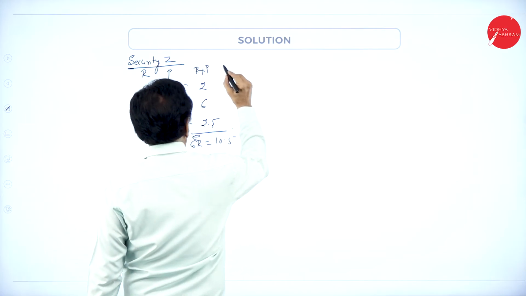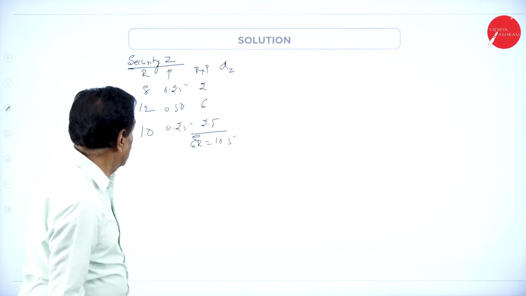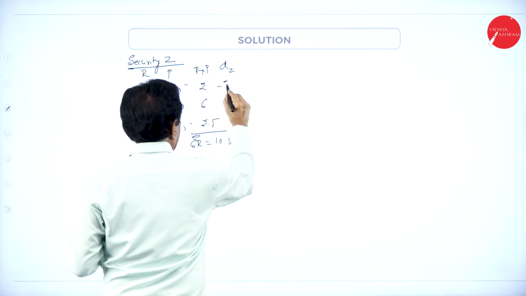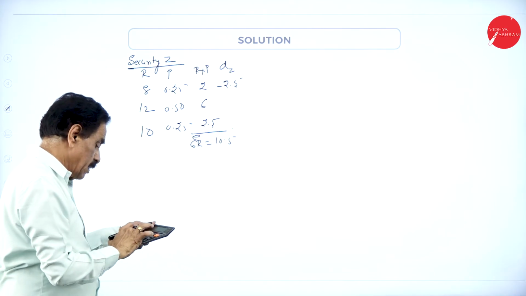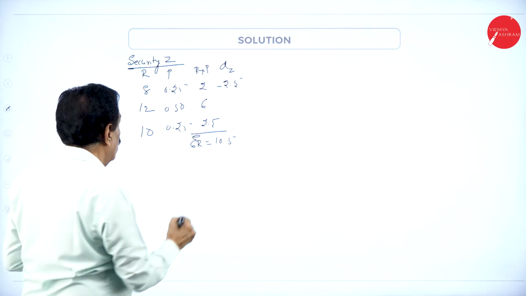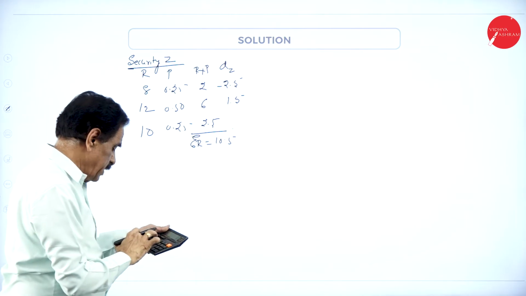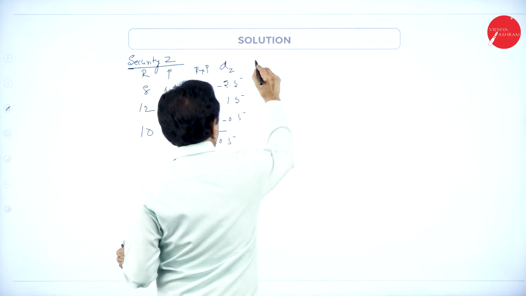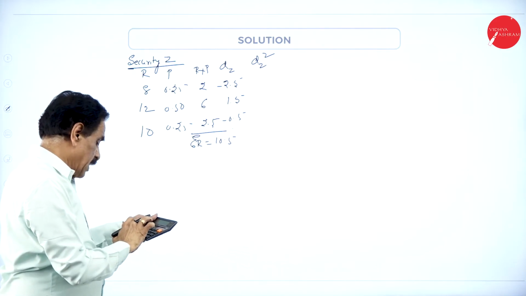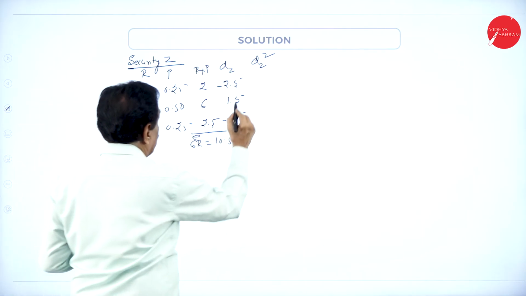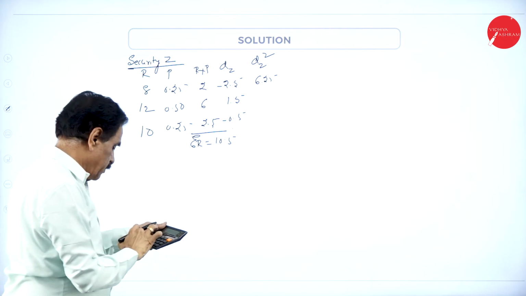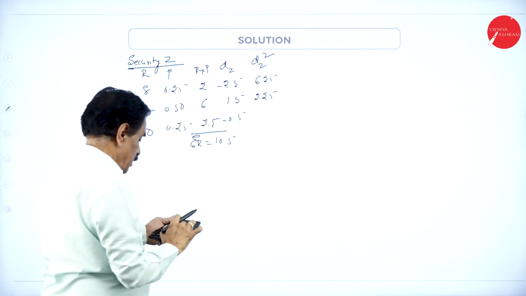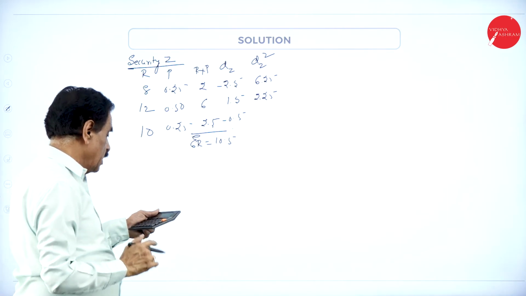10.5. So dz, deviation of z: 8 minus 10.5 is minus 2.5, 12 minus 10.5 is 1.5, 10 minus 10.5 is minus 0.5. dz square: 2.5 into 2.5 is 6.25, 1.5 into 1.5 is 2.25, 0.5 into 0.5 is 0.25.